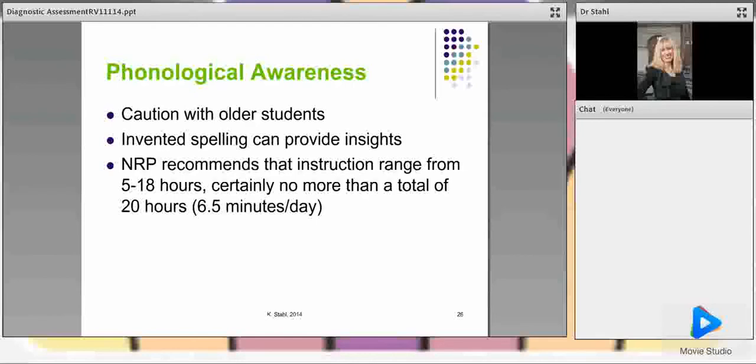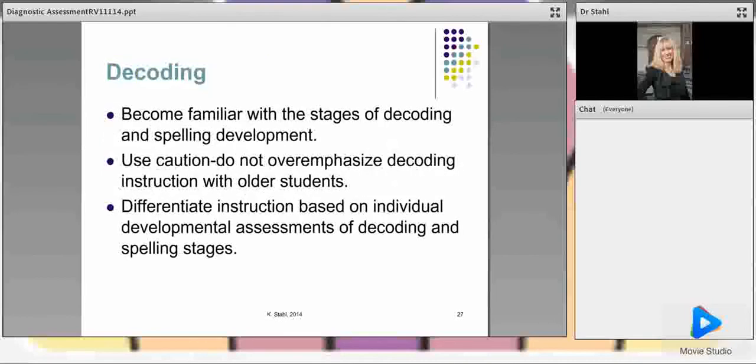Children will use spellings that they have memorized or learned logographically and begin to apply those. So that requires a bit more care, caution, and deliberation when we use these measures with older children.